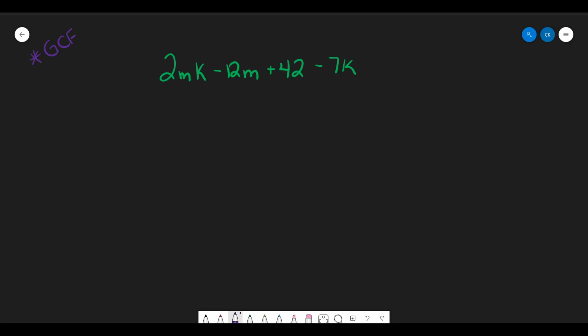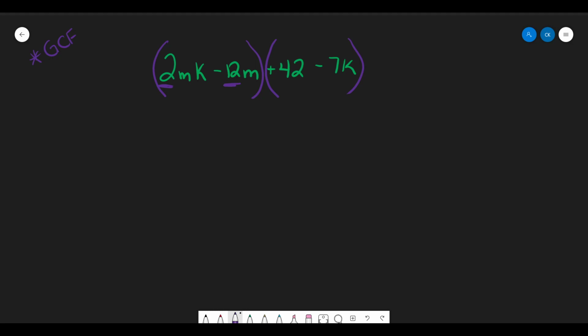But I do see that I have a 4-termed polynomial here. So I am going to look to factor this by grouping. I'm going to group the first two together, and I'm going to group the second two together. I'm going to take my first parenthesis, and I'm going to work with this separately. So I'm going to say, okay, 2 and 12. What is the GCF between 2 and 12?